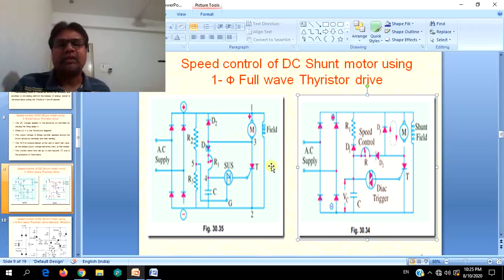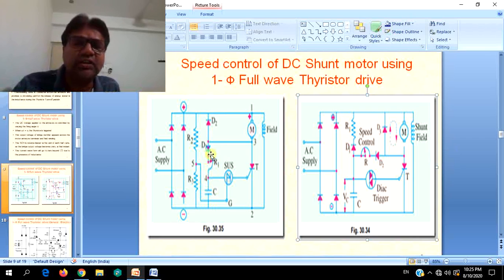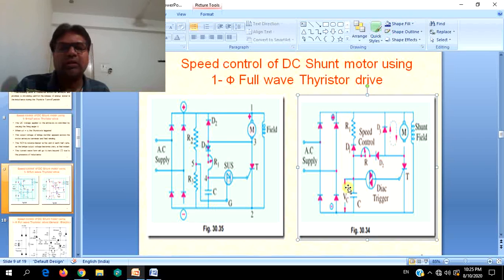All these things will follow in the same sequence, and these potential dividers R1 or R are used to tune the capacitor charging times to vary alpha.